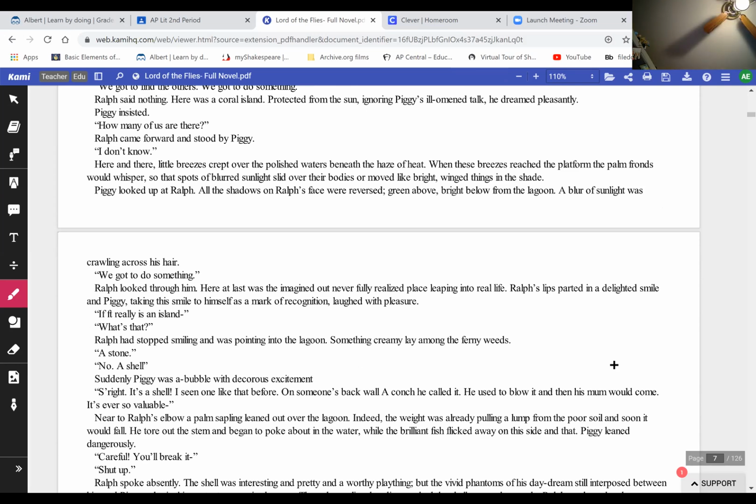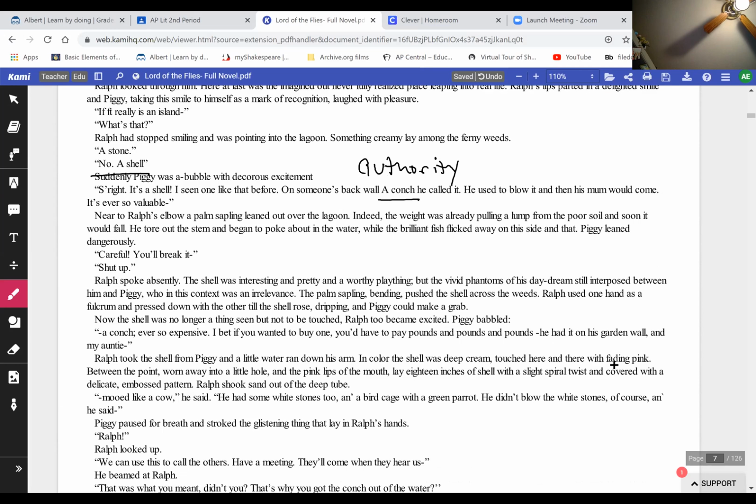So then we get the conch shell, right? Now they find the conch shell here, which becomes a symbol of authority. It's conch, not conch. I used to think it was conch. Just like the megaphone, it becomes a symbol of authority. And so they use that to call the rest of the boys.